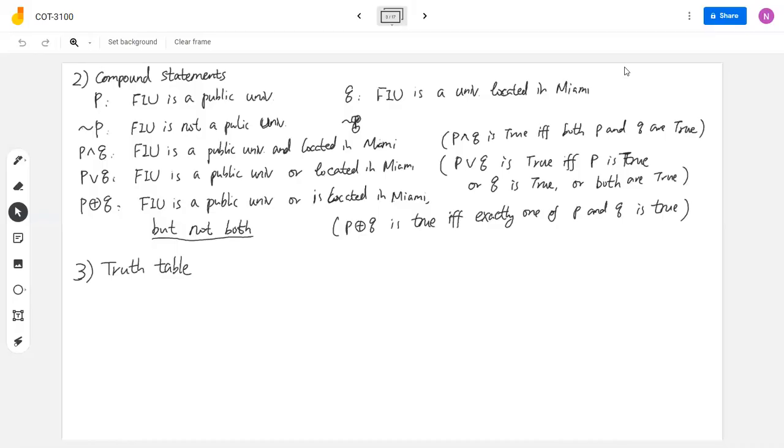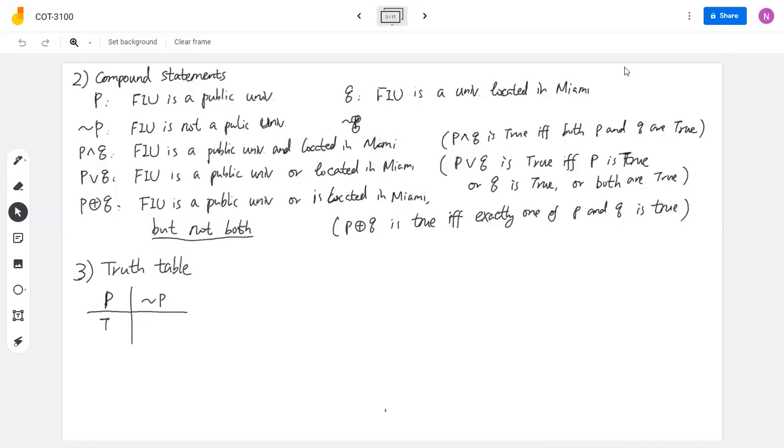So let's start from the simplest one. In a truth table, we usually write the propositions as columns. So this is not P. P has 2 possibilities: P can either be true or false. This is very generic.